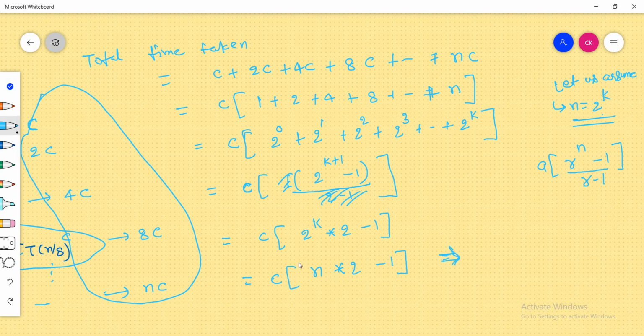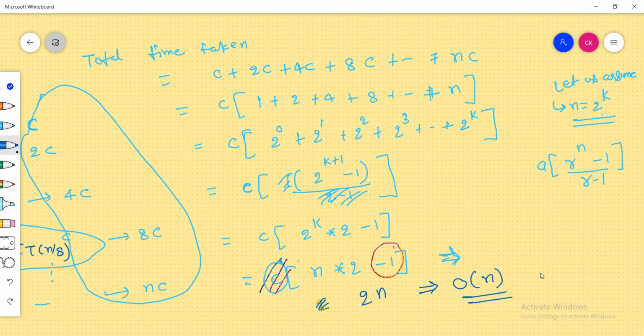And we can simplify it, since this is a constant multiplication, so we can neglect it, and moreover this is all a subtraction. So for larger value of n, we also eliminate this term. So let me change the color. So this is 2n, and again this is some constant multiplication, so this will be order of n.